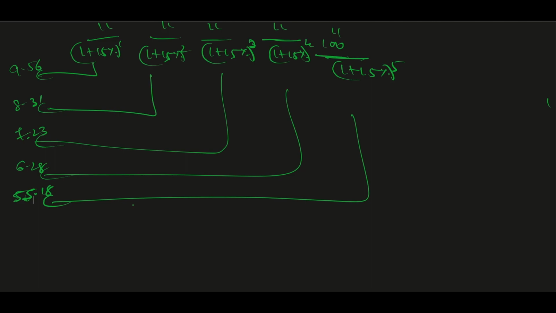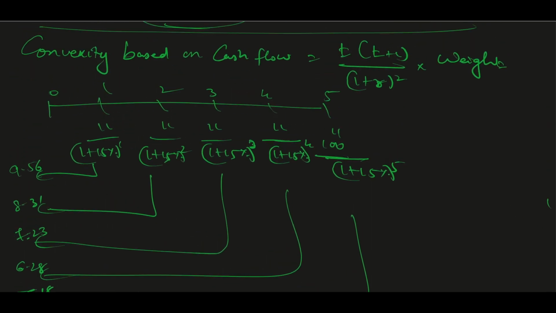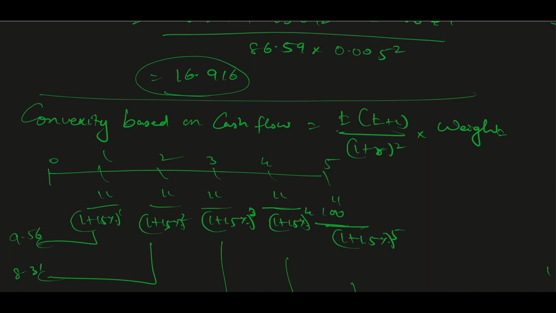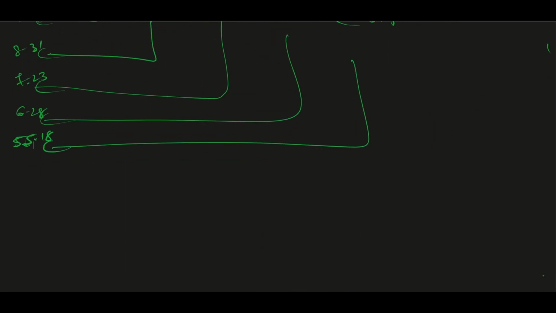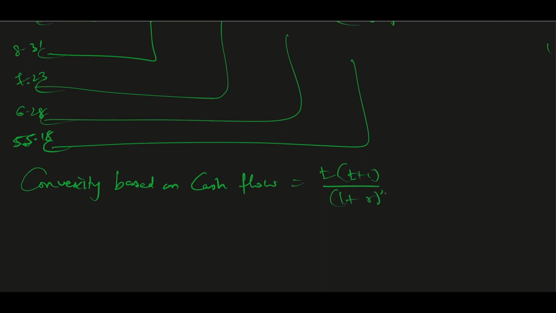So now first one, convexity based on cash flow. The formula I said: T into T plus 1 divided by 1 plus R, or else YTM, square, into weight.